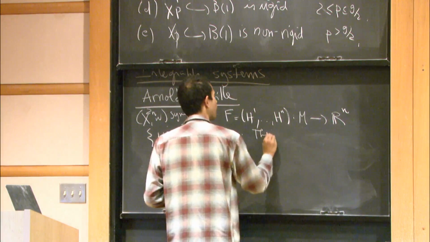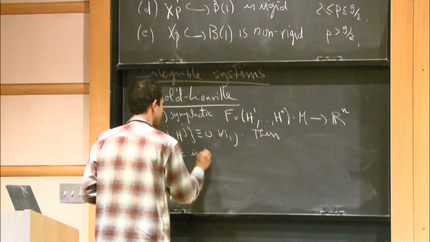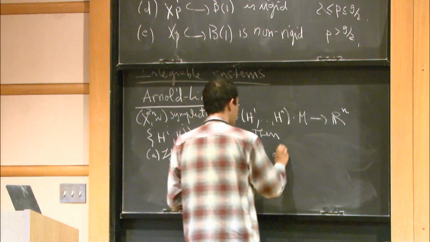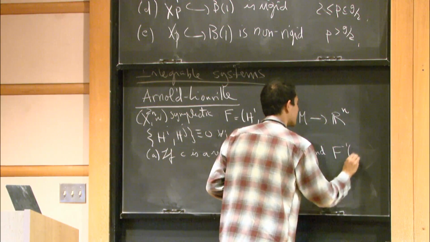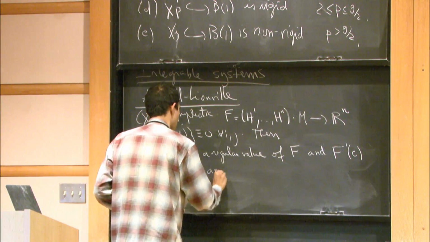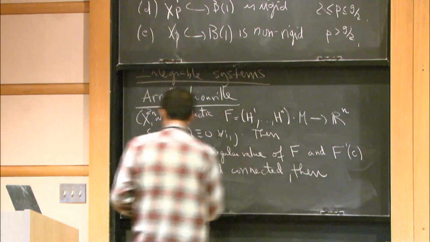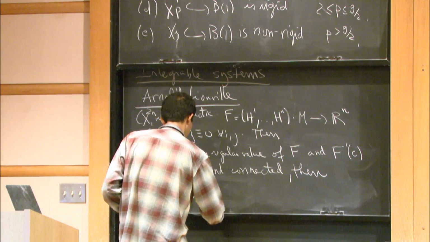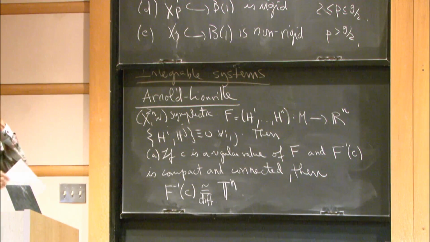Then the first part is that if C is a regular value of F, and the preimage of C is compact and connected, then this preimage of C is diffeomorphic to a torus of dimension n. So this is the first part.